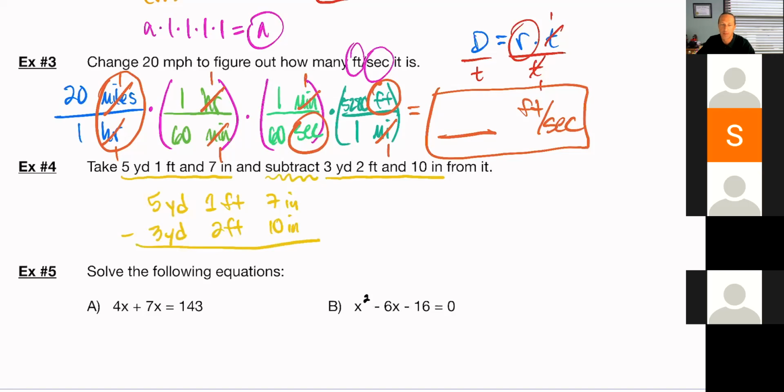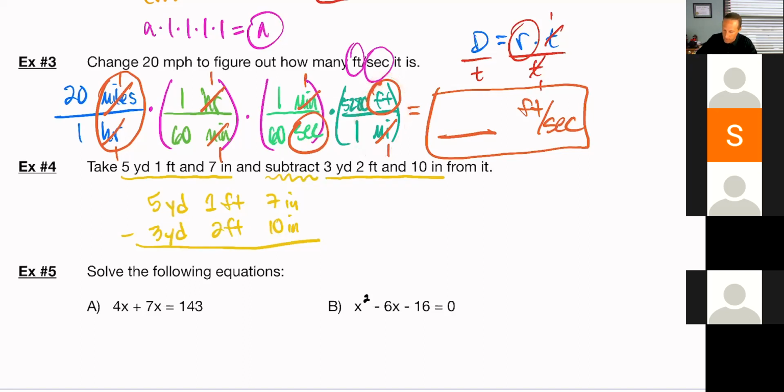That's not a big deal. But when I have something like this involved, and I have only this many, and am asked to subtract more than I have, we have to do a little thing called what? Borrowing. And we have to borrow from the next biggest thing. And again, that's because we have that direct relationship.